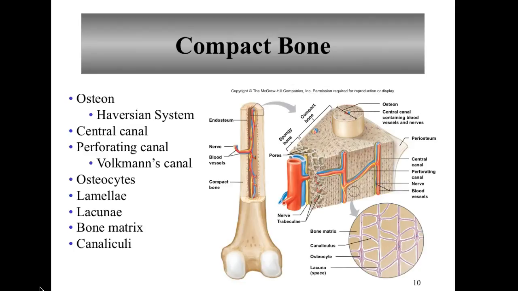If we look at the osteoid, primarily collagen, 90% of bone protein, which gives bone its high tensile strength. Other bone proteins include osteocalcin, osteonectin, and osteopontin. It also contains glycolipids and glycoproteins.